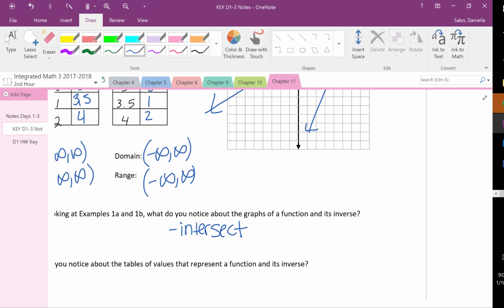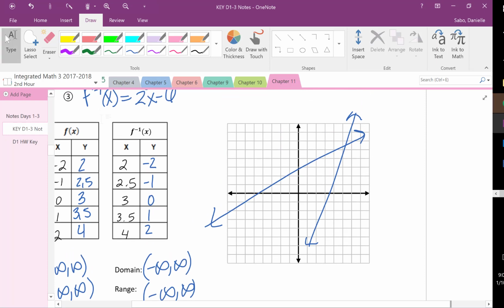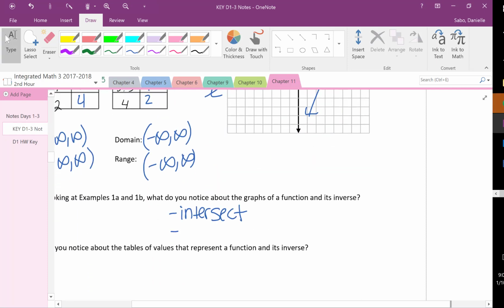It does. Well, not always, but in this situation, yes. Do they look symmetric at all? Like they're going to be somehow symmetrical to each other? Does it look like they're symmetrical to each other in some way? Hopefully you're nodding your head yes. So they are symmetric, and we'll talk about that in a second here.